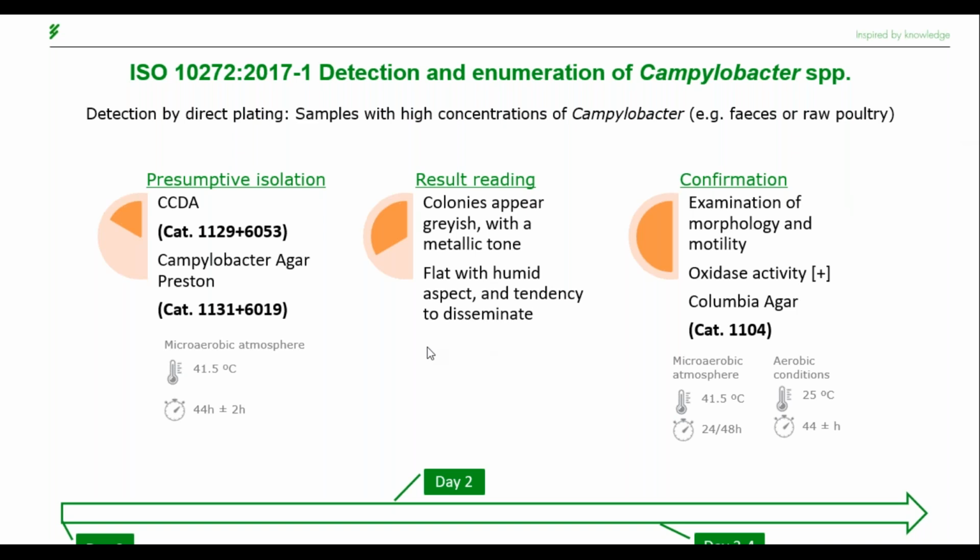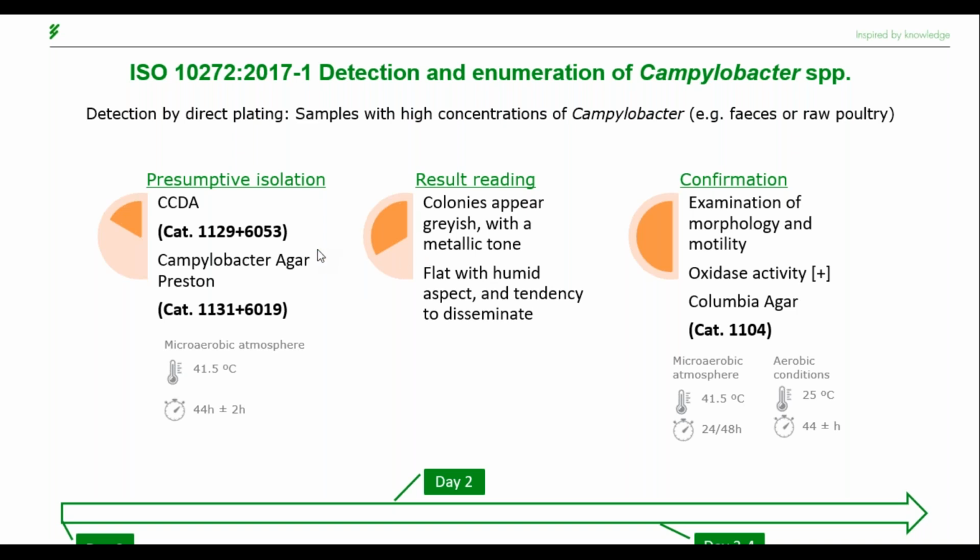So we have to check the productivity and the performance for Preston and Bolton broth, and also for CCDA. Regarding the first question, these secondary selective media are not indicated there, so you have to follow the commercial instructions from the manufacturer.